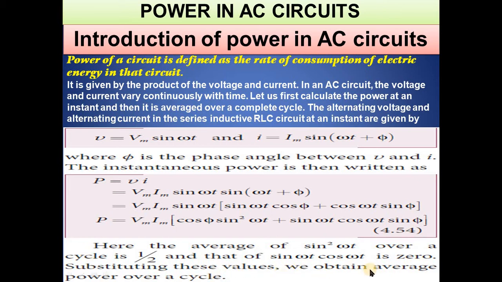Substituting these values, we obtain the average power over a cycle: average power = Vm Im cos φ × 1/2.